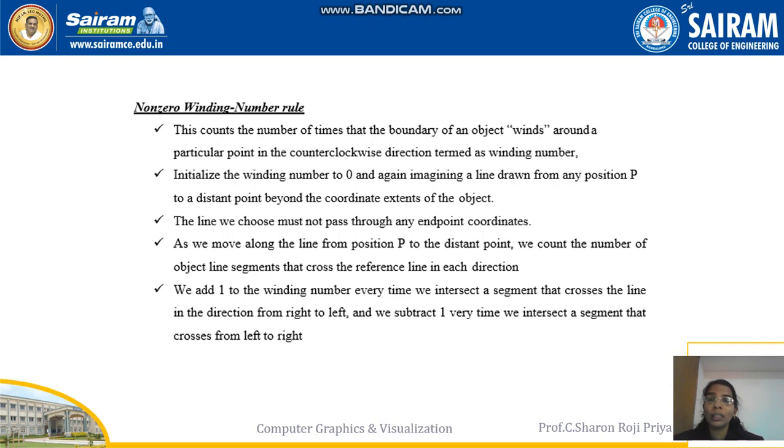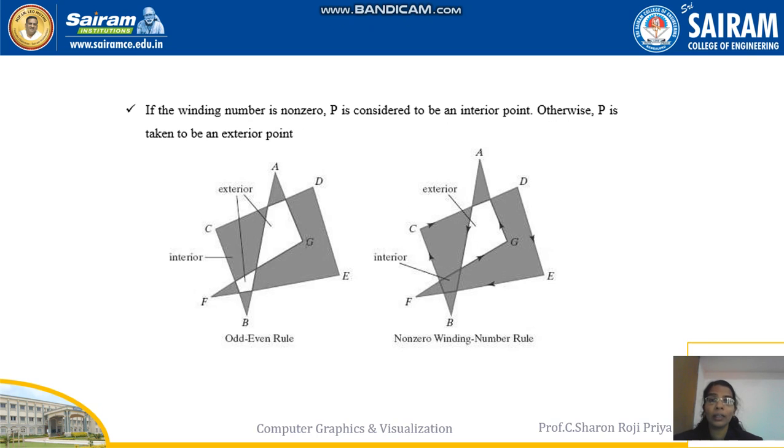Here what I'll be doing is, like in this odd even rule, whichever point I want to check whether it is interior or exterior, from that point I'll draw a line in any direction, right? Without intersecting with any of the vertices, right? And here for every edge I'll specify the direction, right?